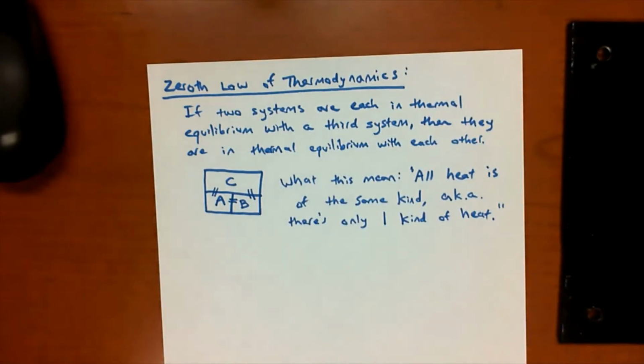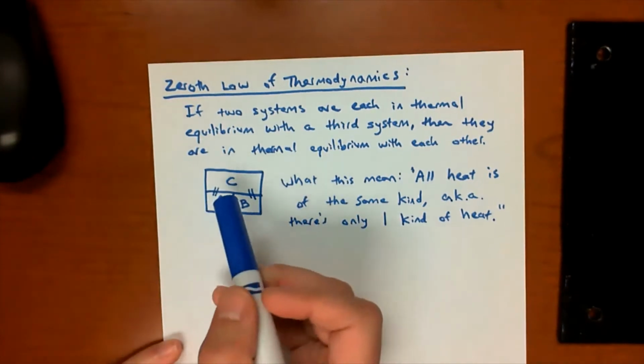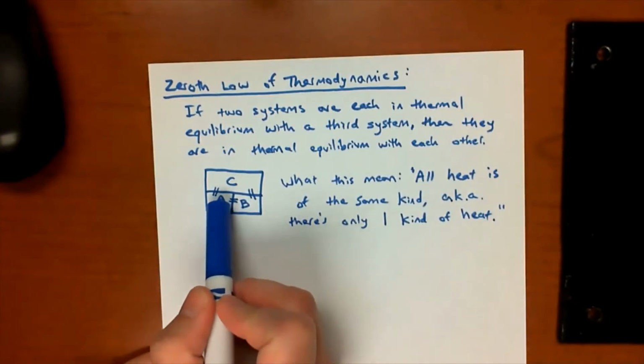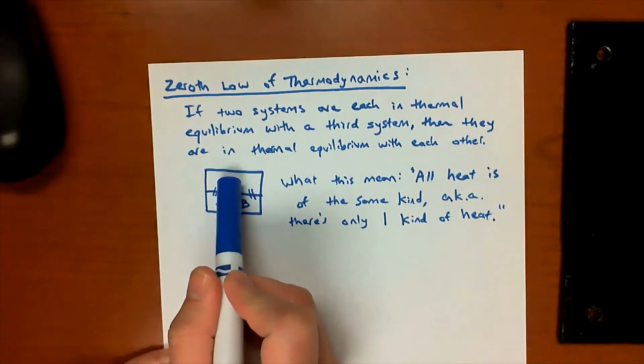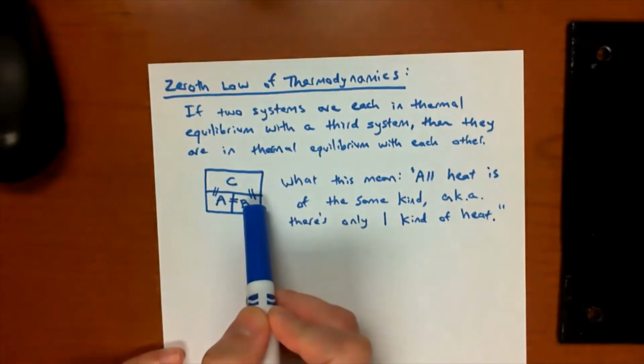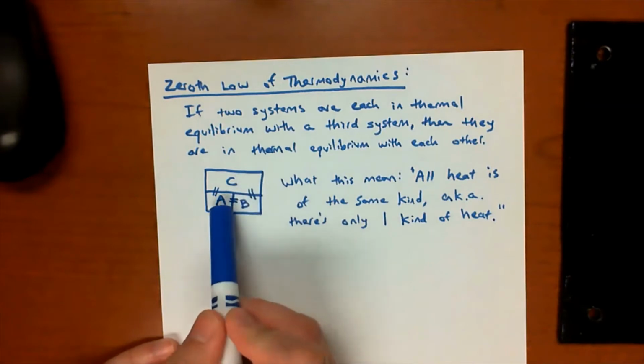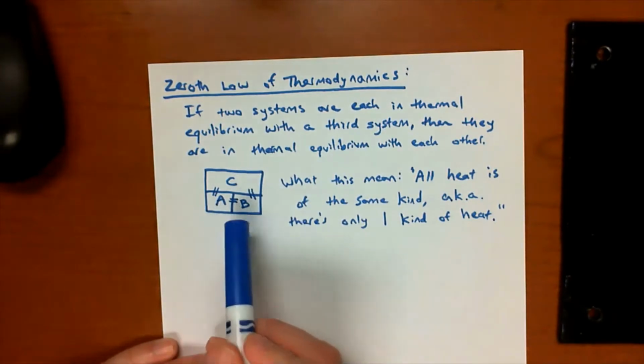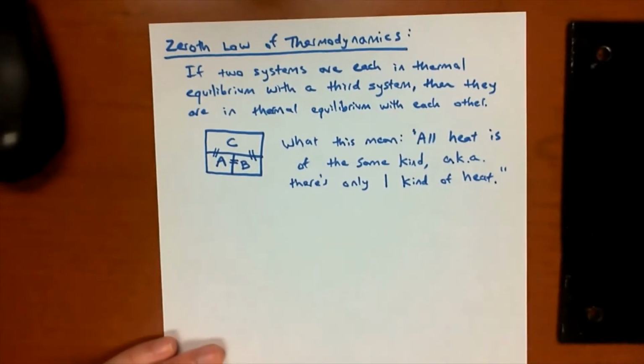There were many propositions for what thermal energy really is, but they didn't know. So it was pretty novel to say that if A is in thermal equilibrium with C, and B is also in thermal equilibrium with C, then A is in thermal equilibrium with B, because that was not necessarily intuitive at first.